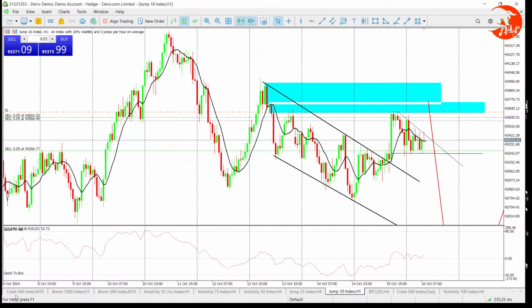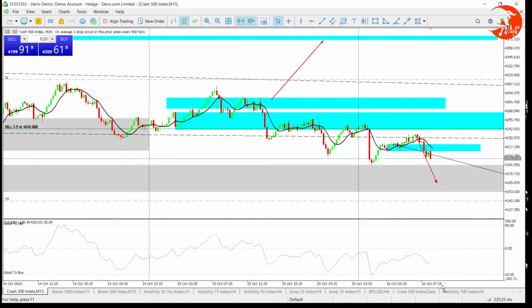Let's do the recap, jump crash 500. So our sell is still going on, like I told you guys, and it has broken and retested. So you guys had an entry there. It has broken that level and retested it, and then the sell again started.